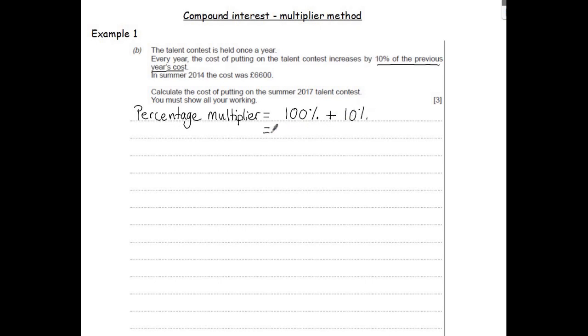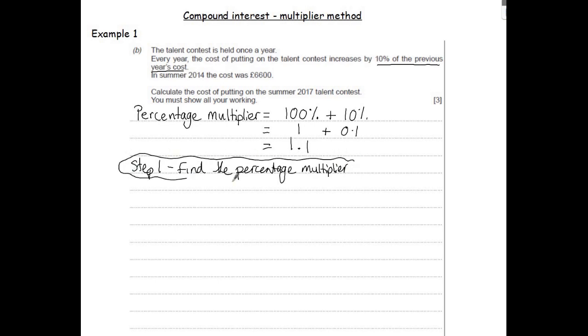Then convert each of these to decimals, so that will be 1 and 0.1. So my percentage multiplier is 1.1.